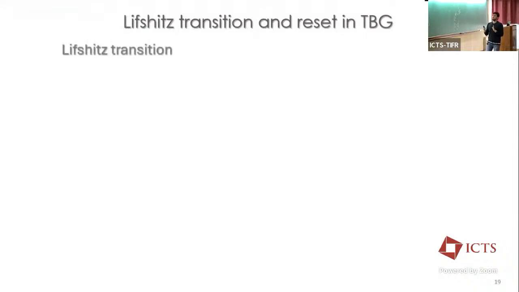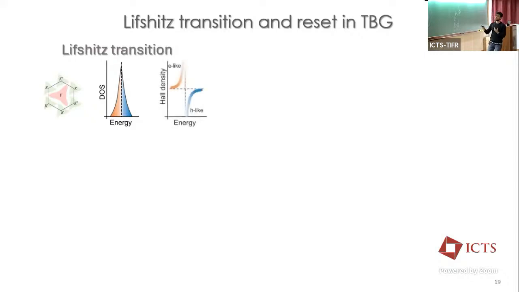In these graphene systems, there can be highly diverging values of density of states in the bands. When the Fermi energy reaches these high values of density of states, also known as van Hove singularity, the Fermi contours around K and K prime merge, which alters the Fermi surface topology and results in a sign change of the charge carrier type.